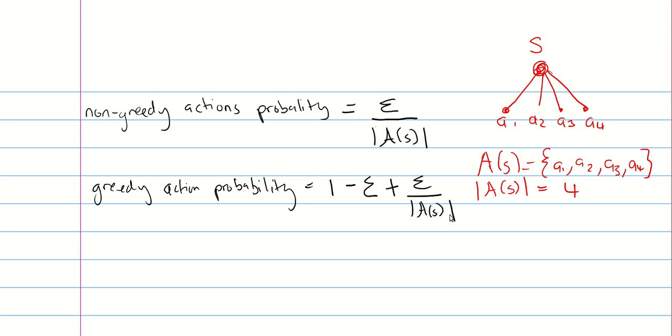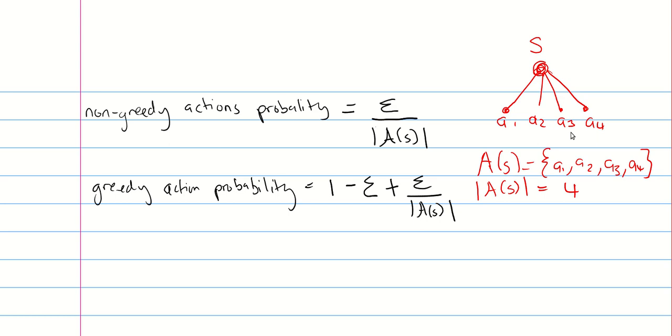So why are we saying this again? If you think of it this way, let's define epsilon over |A(s)| to be the probability of each and every one of these actions being taken.